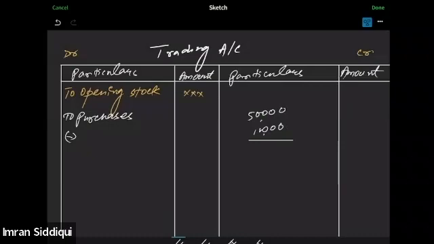Like in our case, if we have purchased goods costing 50,000 and later return raw material costing 10,000, net purchases will be 40,000. That will only be recorded in the purchase account.